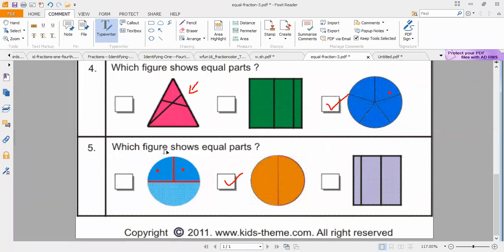Do we have a shape with two equal parts? In question 5. Shahd, do you hear me? Yes. Okay, do we have a shape here with two equal parts?